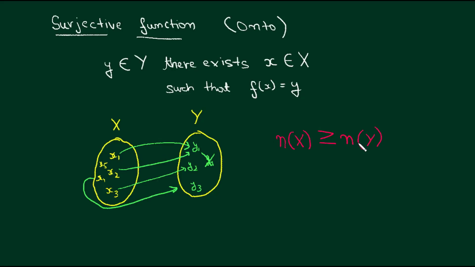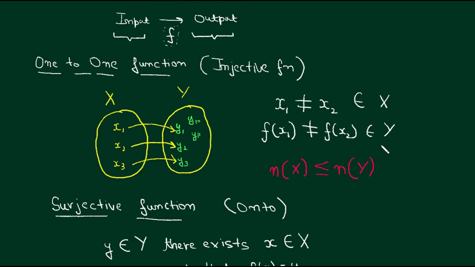So the number of elements in Y should be less than or equal to X. Every chair in your house is occupied, so the number of chairs available in your house is less than or equal to the number of people who came to your party. This is a very important implication of the surjective function. Similarly, we have a very important implication of an injective function.